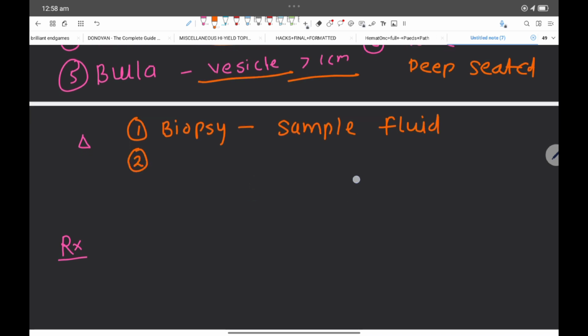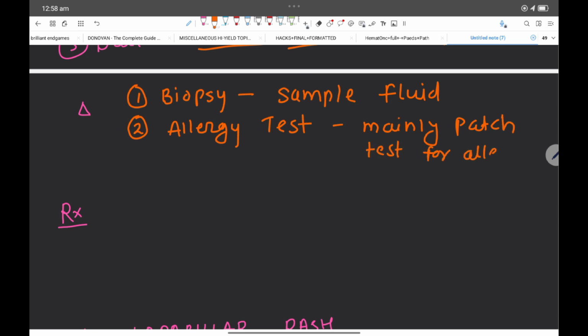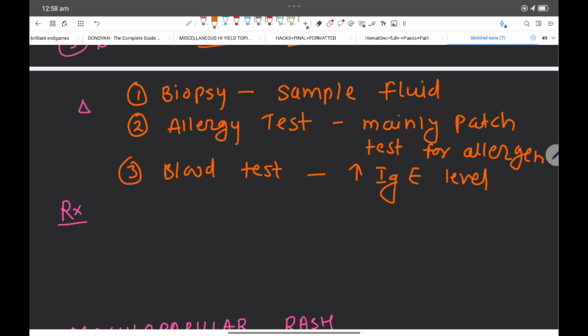Second is allergy test, patch test for allergens. Third, blood test, increase in IgE level in the blood.